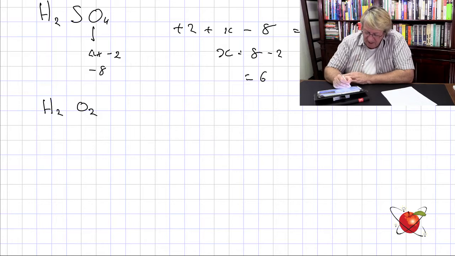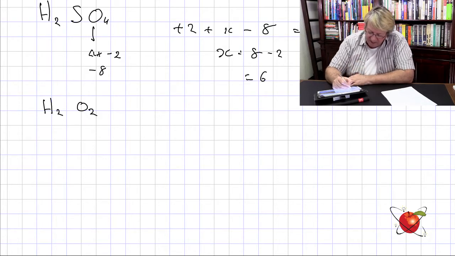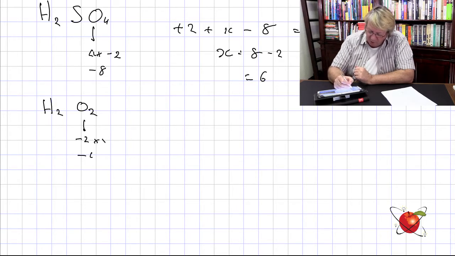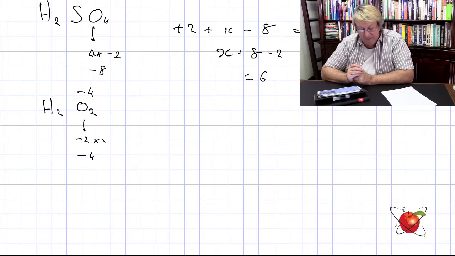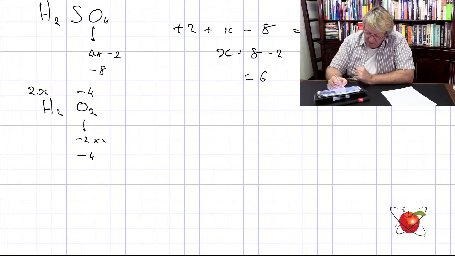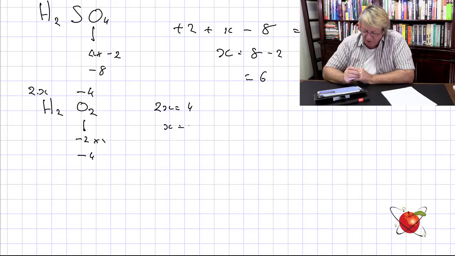We say, all right, let's go through our rules. O is a -2, times 2 of them, so I've got a -4 there, which means that hydrogen, 2 times X, must be -4. So 2X equals 4, so X must be equal to 2.